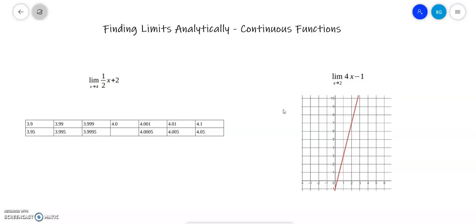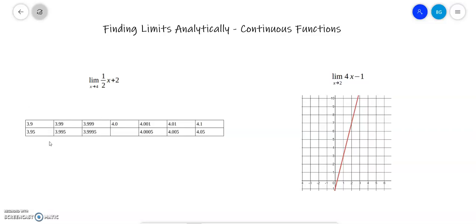So let's revisit some of the old methods and briefly discuss why they're not that great, and then we'll move on to what we really want to talk about today. For our table method, you could take your function 1/2 x plus 2, and we want to evaluate the limit as x goes to 4. And remember, the idea is, I can just make a table. I can use values very, very close to 4 and see if I can pick up on a pattern.